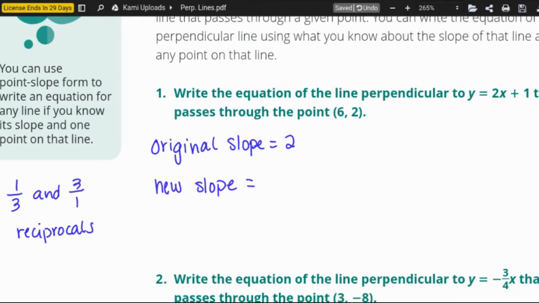Opposite as in the original number was positive, so my new number is going to be negative. Reciprocal as in flip the fraction. Well, 2 is not a fraction. I can turn it into a fraction by putting it over 1. So the reciprocal of 2 over 1 would be 1/2. Then you're able to write the equation in point-slope form using y minus the y value equals your slope times x minus the x value using the ordered pair that they gave you.